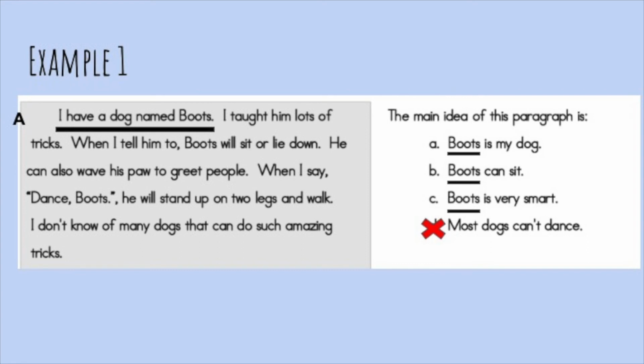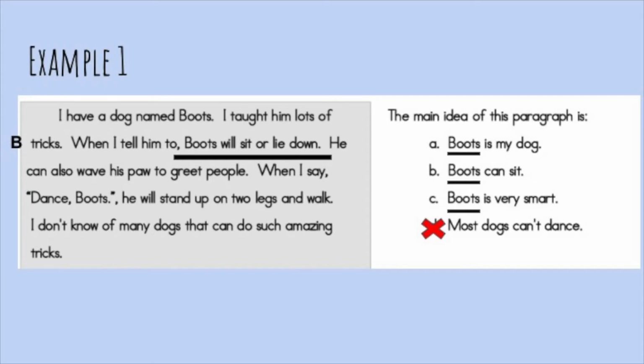So we have A, and it states, "Boots is my dog." We can find this in the text, and it's true. However, we have to ask, is this whole story about this, or is it just a detail? That's right, it's a detail about the story, and it does not summarize the entire thing. Now let's move on to B. B states, "Boots can sit."